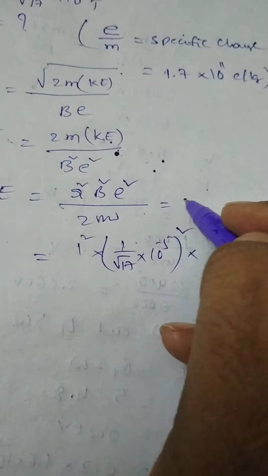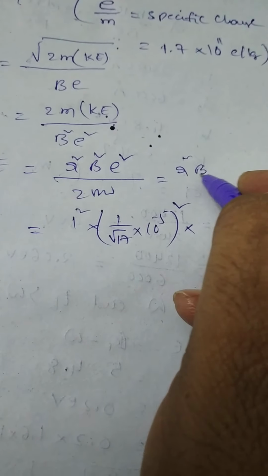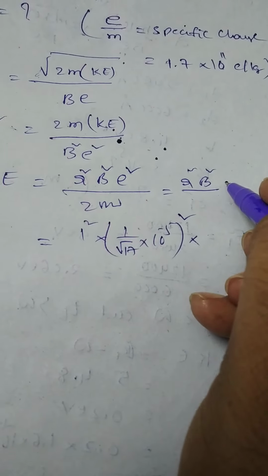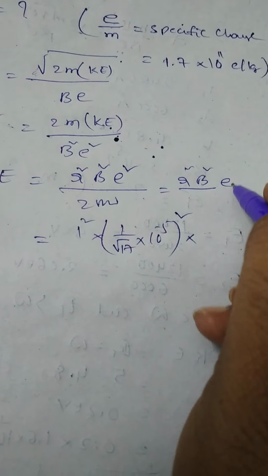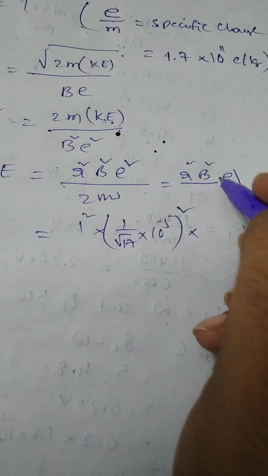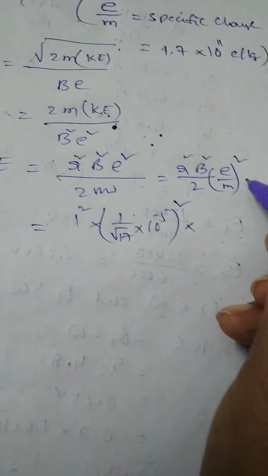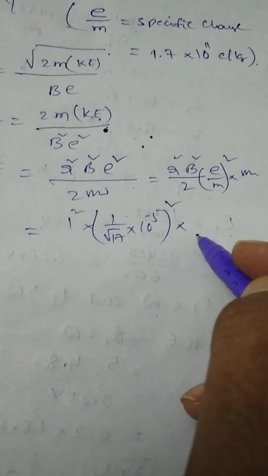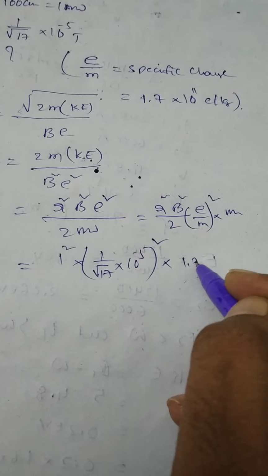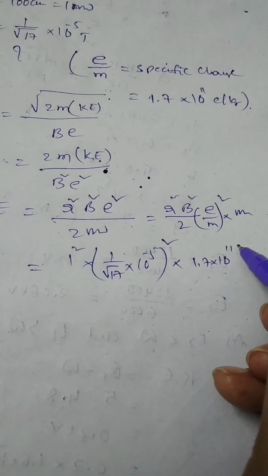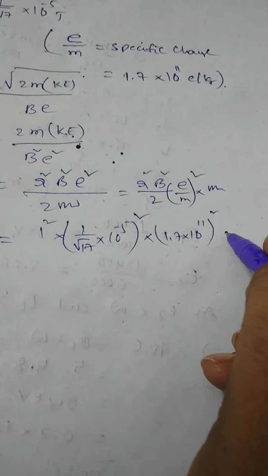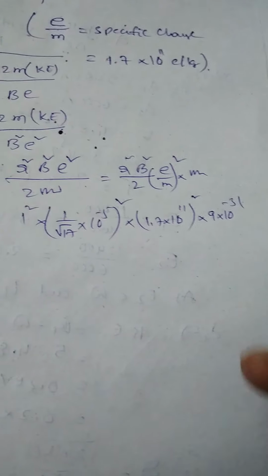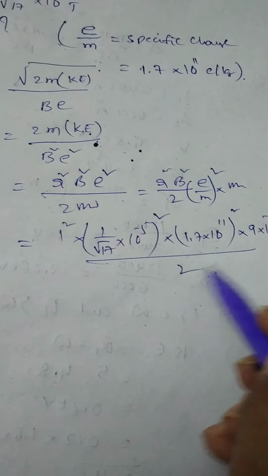This can be written as r square B square into E by m whole square by 2 into m. E by m whole square means 1.7 into 10 power 11 whole square. Mass of the electron is 9 into 10 power minus 31 kilograms, by 2.